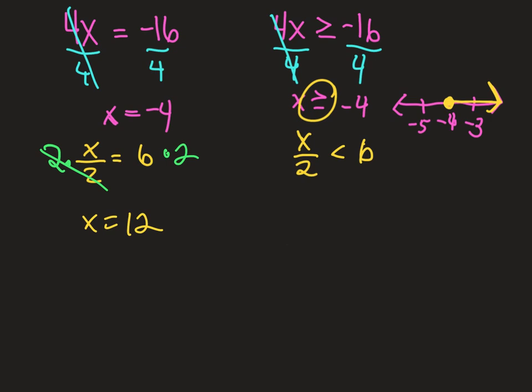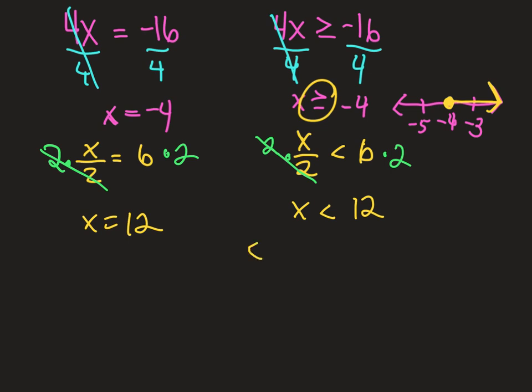We do the same steps here. We multiply by 2, cross out, what's my answer. It's just that this time x is every number smaller than 12. This is exactly 12 and only 12. This means everything less than or smaller than 12.